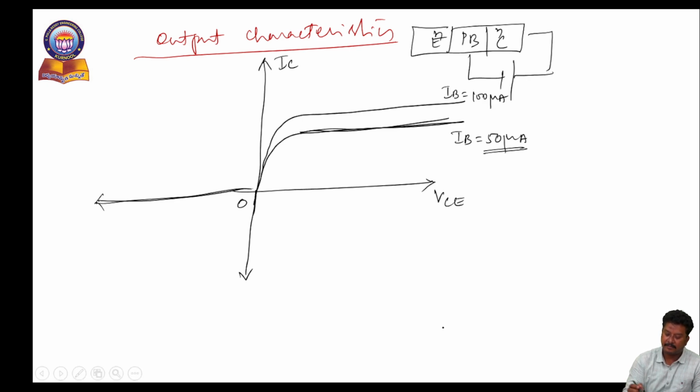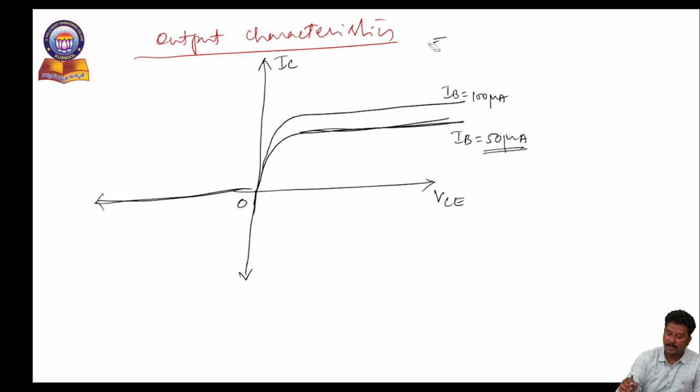Similarly, if I vary this IB a little bit more, from 100 microamperes to 200 microamperes or 150, then obviously I am getting the characteristics like this. Still, IB is equal to 200 microamperes.